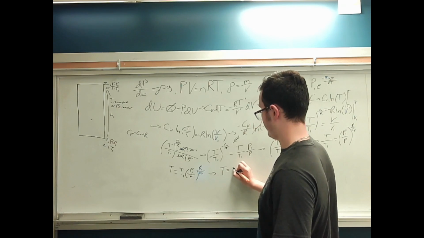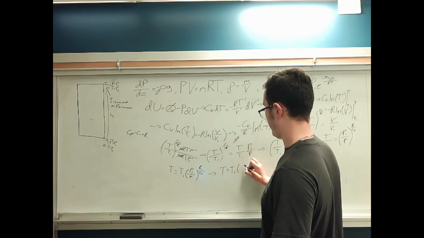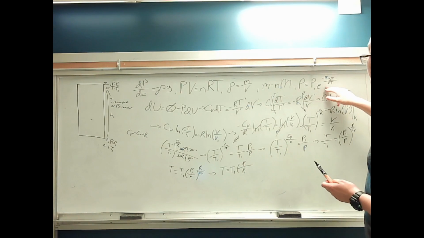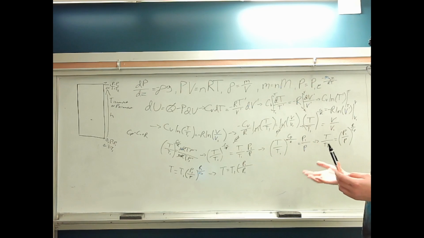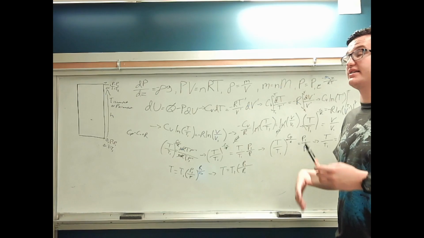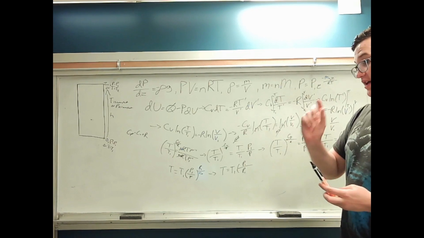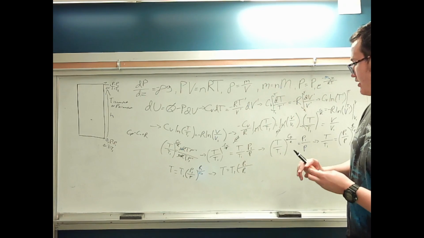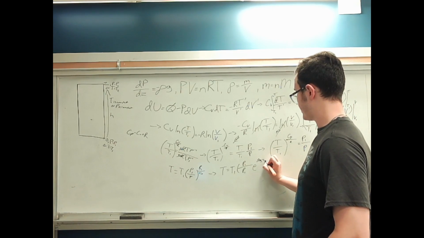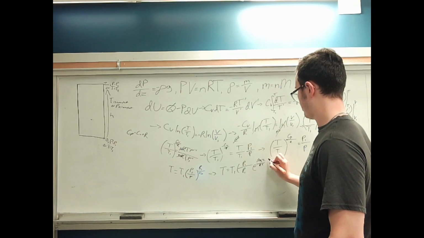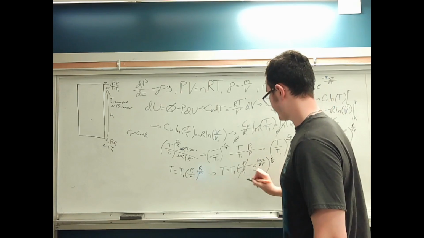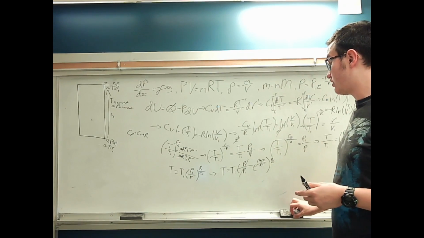T is equal to T1 to the power of P1 over P1, and because e is to the power of negative molecular weight times acceleration due to gravity times height divided by ideal gas constant times temperature, we can take that and flip it, make it positive, and put it in the numerator. So I'm just going to write e to the mgz over RT, to the power of R divided by Cp. These cancel.